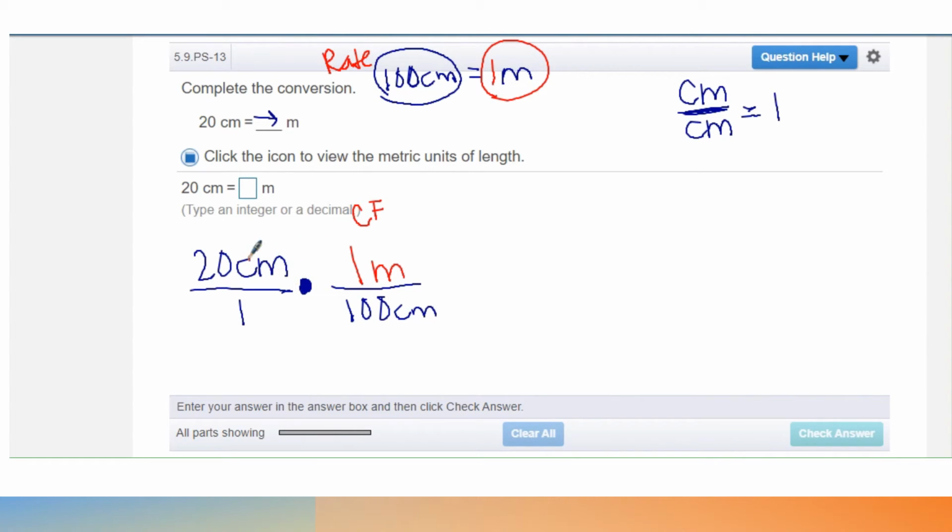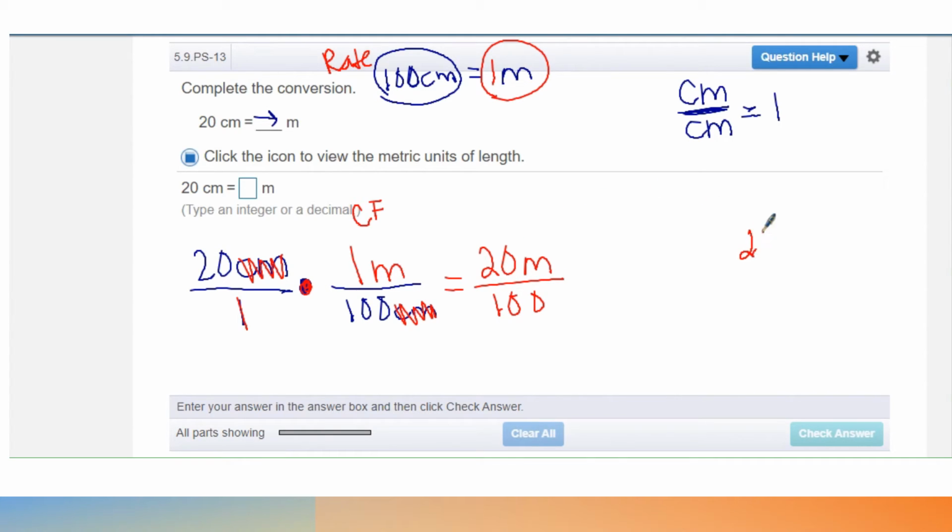How do we get our centimeters to cancel out? Because we have centimeters in the numerator and centimeters in the denominator. Now I can just multiply across. 20 times 1 meter is going to be 20 meters for my numerator, and then 1 times 100 is 100 for my denominator. Now I can divide.